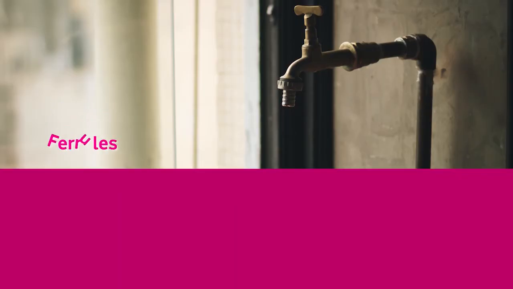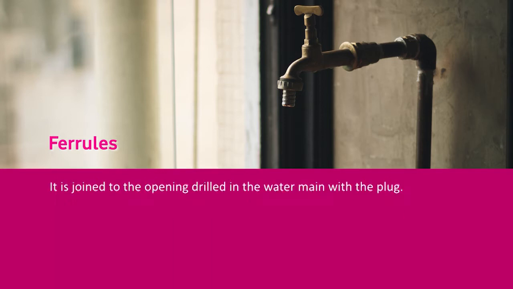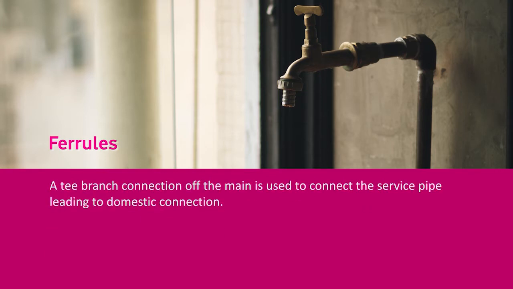Now, ferrules. It is a right angle sleeve made of non-ferrous metal, mostly of brass or gunmetal. It is joined to the opening drilled in the water main with the plug. A T-branch connection of the main is used to connect the service pipe leading to domestic connections.